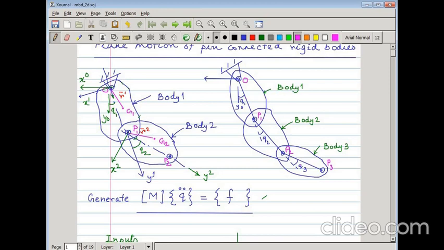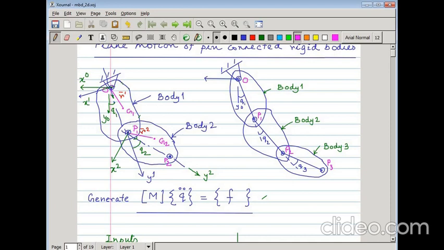Relative rotation means the rotation of the first body with respect to inertial reference. So this is the y-axis of the inertial reference and this is the y-axis of body 1, the rotation is Q1. This is the y-axis of body 1, this is the y-axis of body 2, rotation Q2. This is the y-axis of body 2, this is the y-axis of body 3, so rotation Q3. So Q1, Q2, Q3, these 3 rotations are our generalized coordinates.